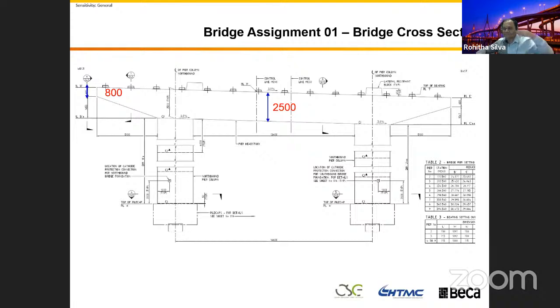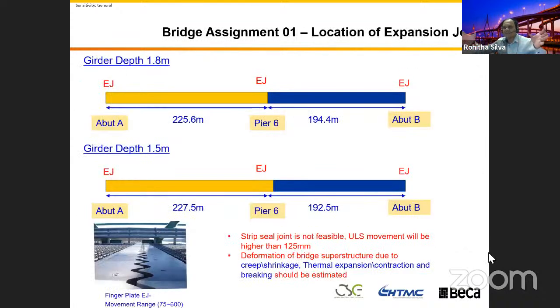And the difference between the both sides is not significant. So I put my expansion joint at PS6 in 1.8 and in the PS6 in, it should not be PS6, it should be PS7.